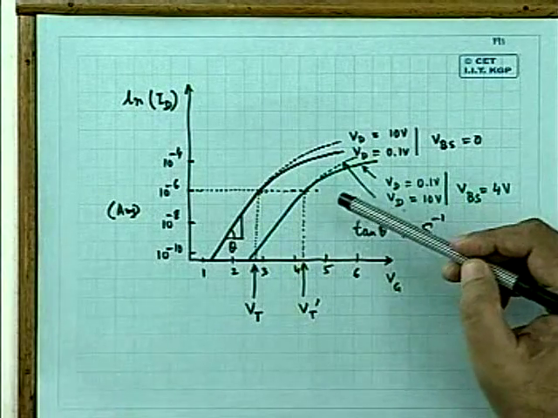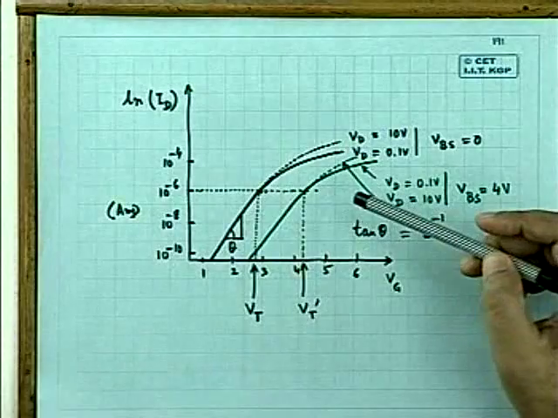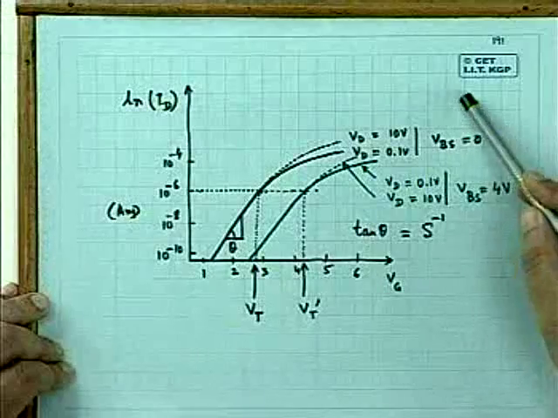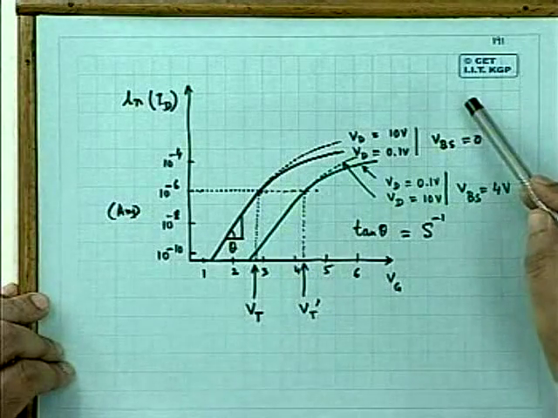Threshold voltage electrostatically is defined as the value of the gate voltage for which the surface potential is twice phi f, maybe plus some VTH, 2 VTH or 3 VTH or 6 VTH, different definitions. But normally we assume it is twice phi f. That is called the electrostatic definition.